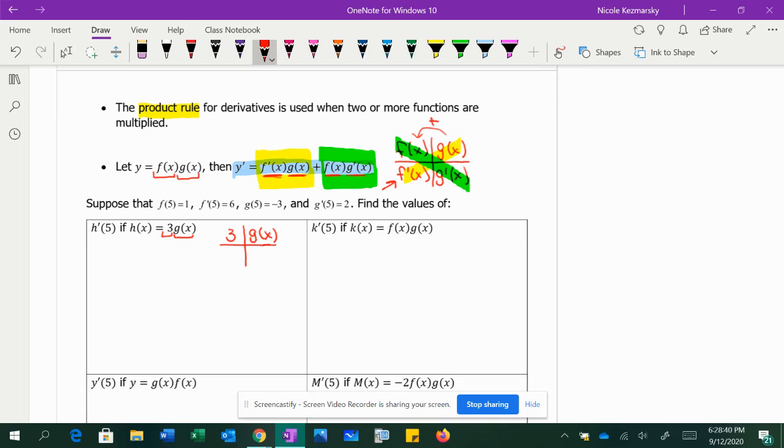Well, we know from doing the previous page that the derivative of g is g prime, but we don't know the derivative of 3. However, what we do know is that derivative is slope. So I'm going to think of the function y equals 3. So y equals 3, let me sketch it over here.